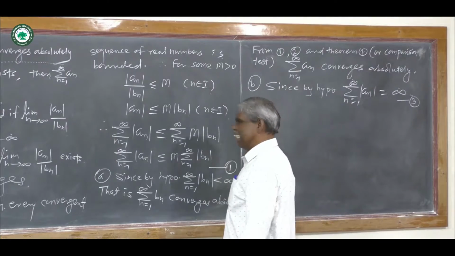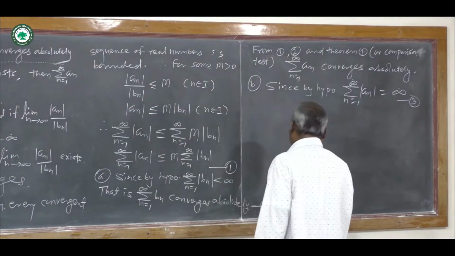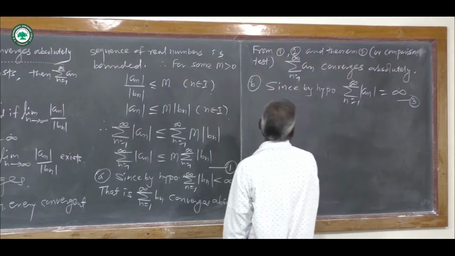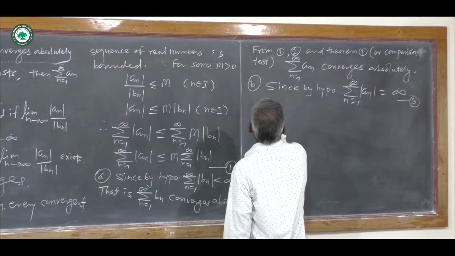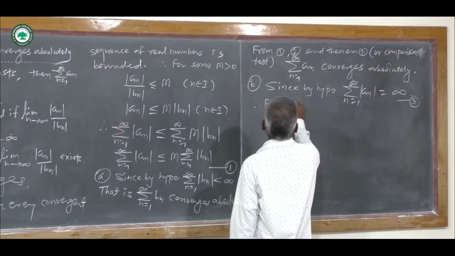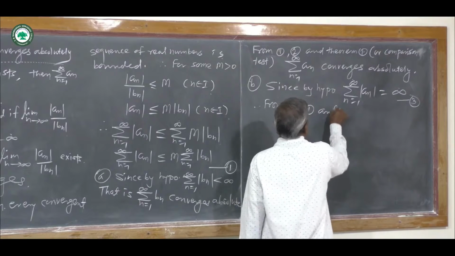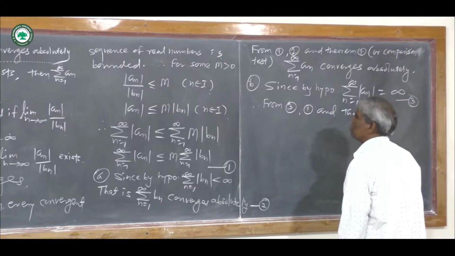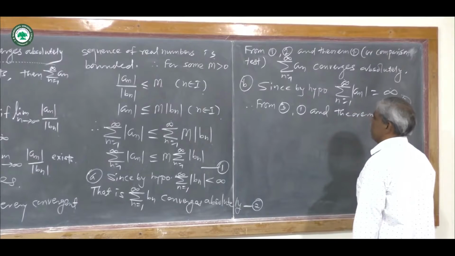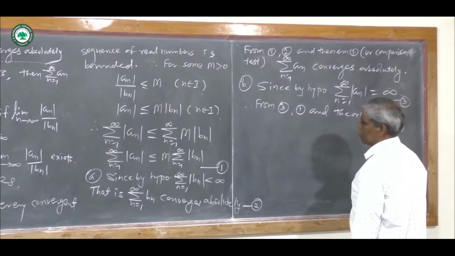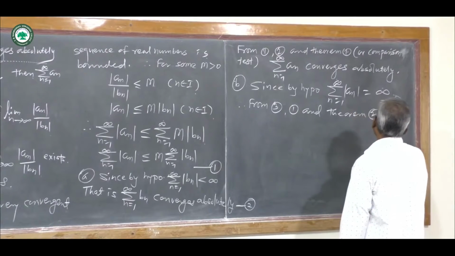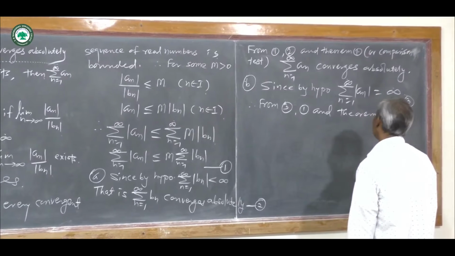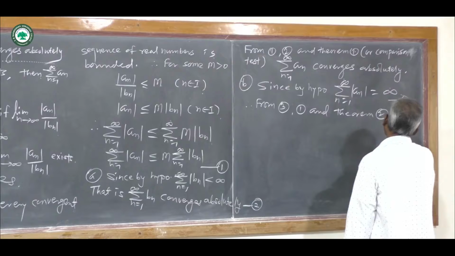From 1, 3 and theorem 2 above, sigma M times sigma mod bn converges or diverges?